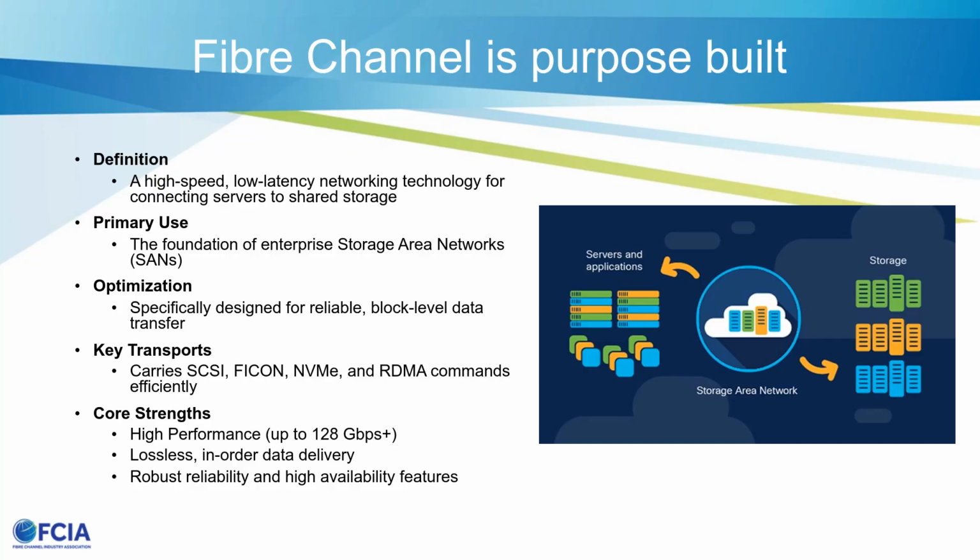It's high performance. The current spec is 128 gigabits, and since links can be aggregated, the sky is kind of the limit here. It provides lossless in-order data delivery across a topology that's an arbitrary Fibre Channel switch topology, and it has very robust and high availability features, which is one of the things that's made it great. A typical server is connected to 2 fabrics for redundancy and resiliency. There are multiple host bus adapters, which is like the Fibre Channel NIC.